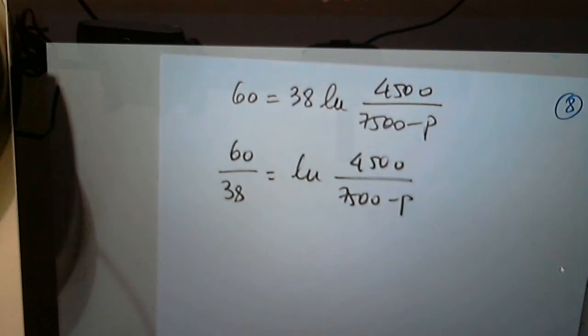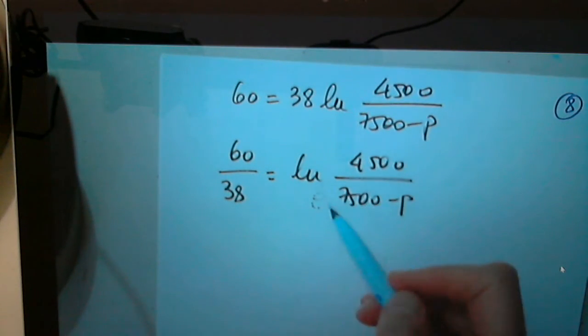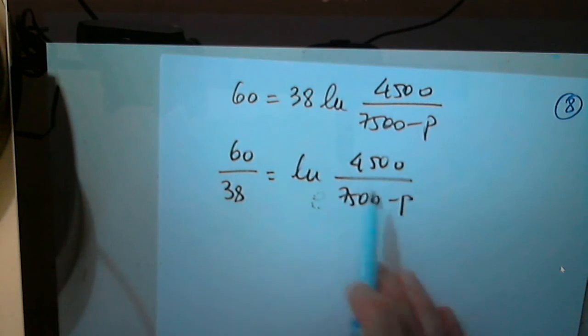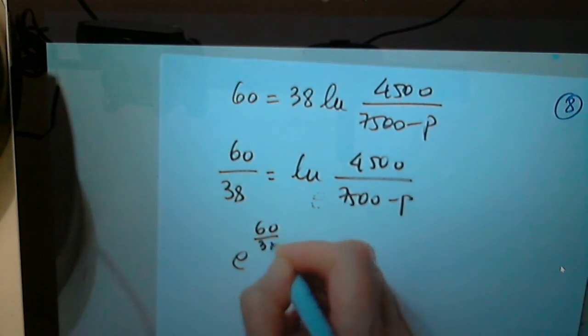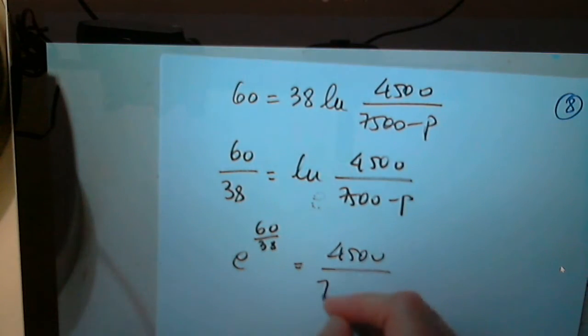Perfect. So now remember the base. The base of natural log is e. E raised to this number equals this fraction. E raised to this, ugly, equals this. 4,500 over 7,500 minus p.